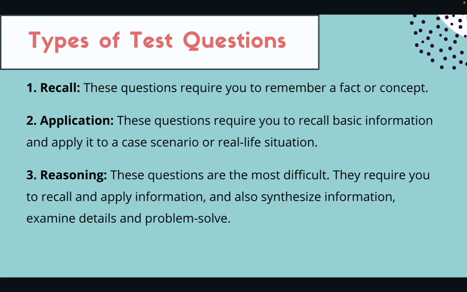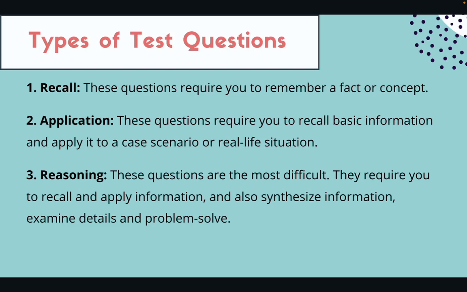The second level of questioning are application questions. These questions require you to recall basic information. In addition to that, you have to apply that information to a case scenario or real life situation. So it requires not only that you know the information, but you can apply it in different settings and different scenarios. Our last type of question is reasoning, and these are the most difficult because they require different levels of critical thinking.